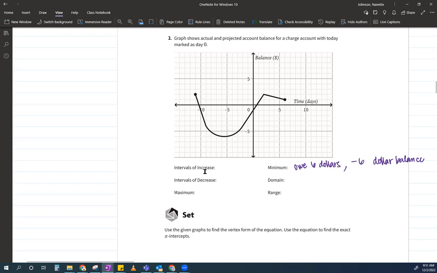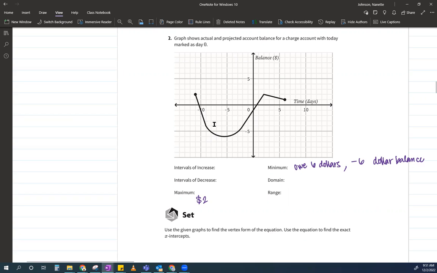I am going to use that to build my interval of increase, but I'm just going to grab my maximum while I'm here. And it looks like the maximum amount I had is $2. So maybe you guys are like, man, this is like a little kid's account, but how are they spending more money when they don't have money? So maybe this is in hundreds of thousands of dollars. I don't know, in thousands of dollars or hundreds of dollars, who knows?